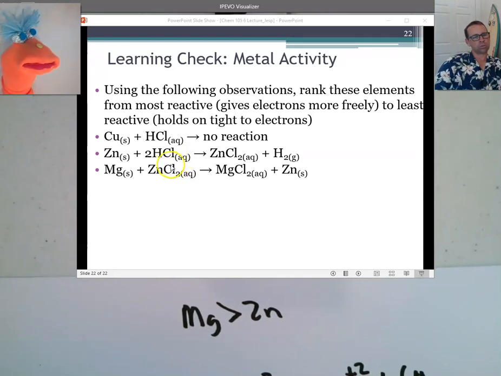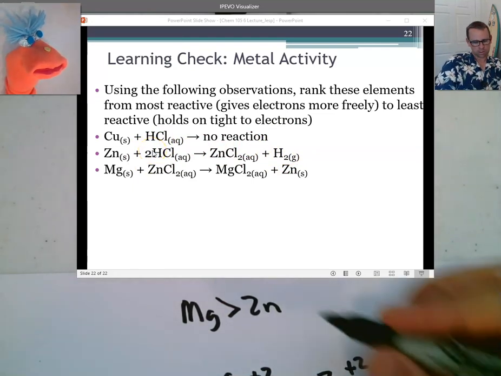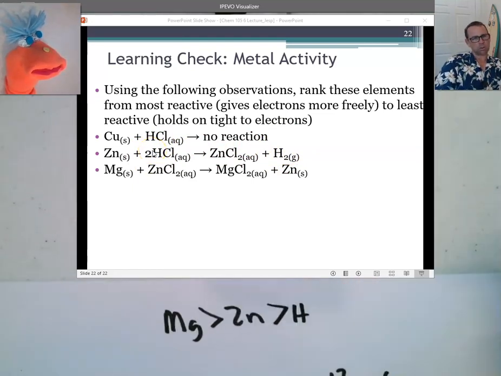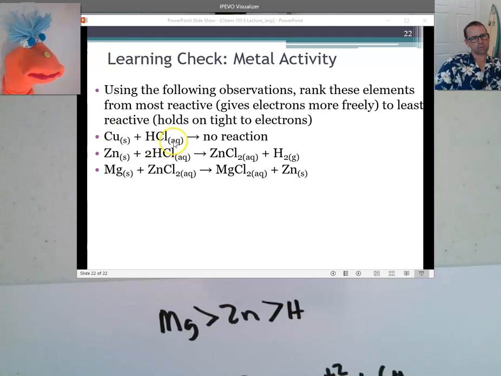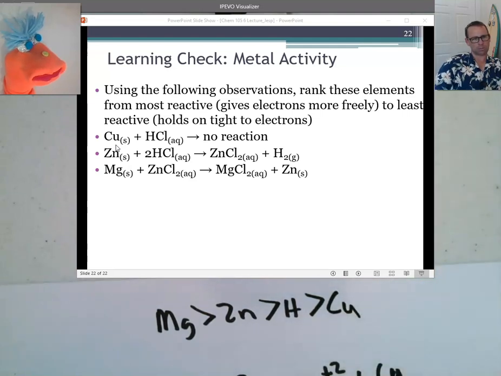Zinc is reacting with the hydrogen. Is that what's happening? That's right. The H+ ion here is becoming hydrogen gas. So zinc is more reactive than the hydrogen? That's right. And what about this last one here? Copper is less reactive than hydrogen. Hydrogen is more reactive than copper? That's right.